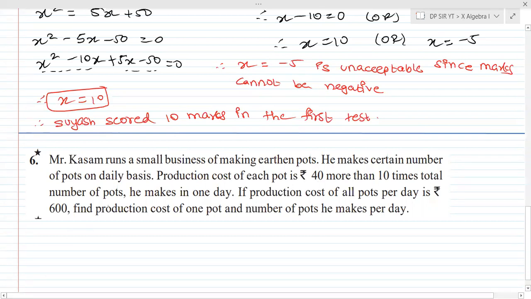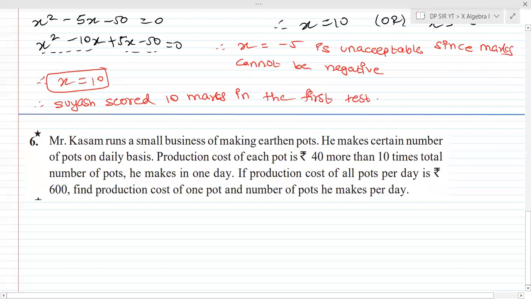So let Mr. Kasam make x earthen pots per day. I'll just write Kasam, okay?